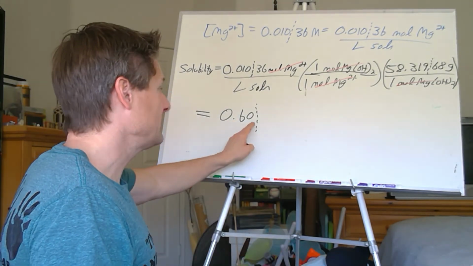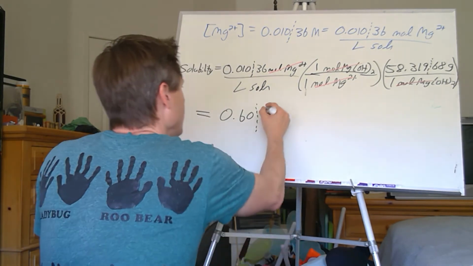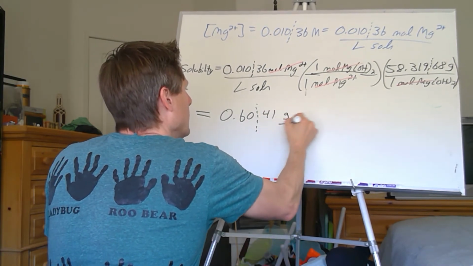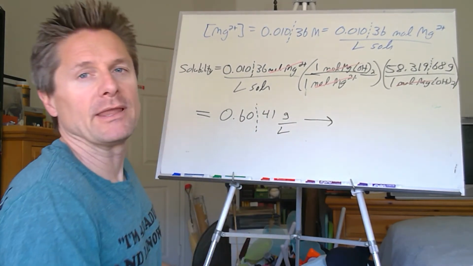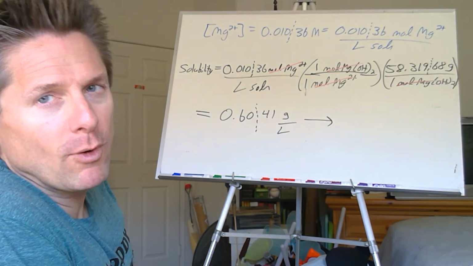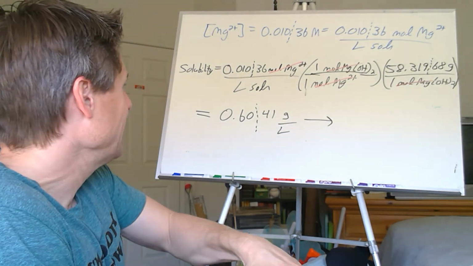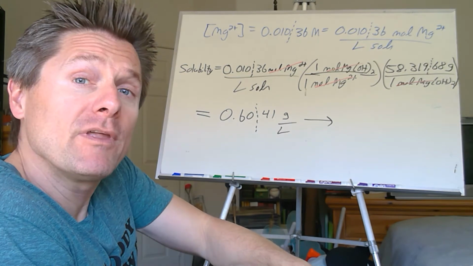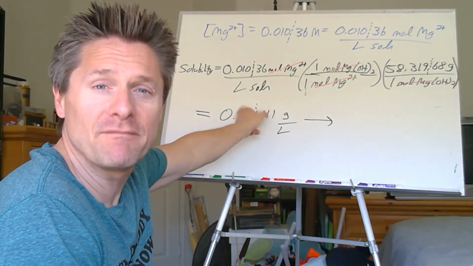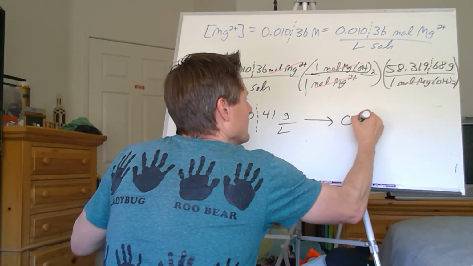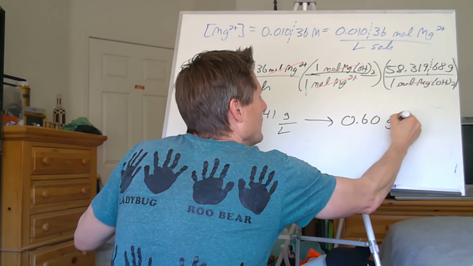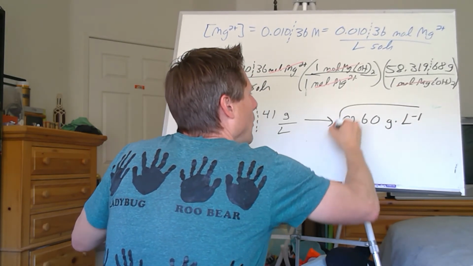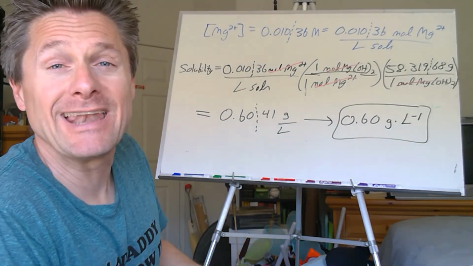So the 0.60 are my 2 sig figs, 41 grams per liter. So 0.6041 grams per liter, good to 2 significant figures. That's closer to 0.60 than 0.61, right? That's got to be bigger than 5 to round up. So that stays as 0.60 grams per liter, or grams times liters to the -1 power.